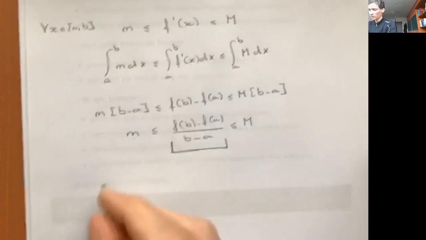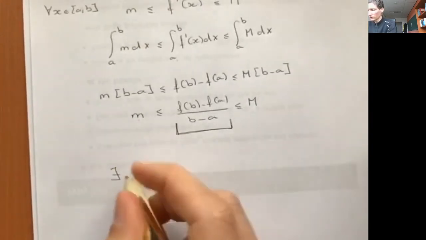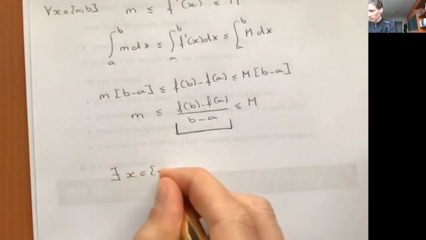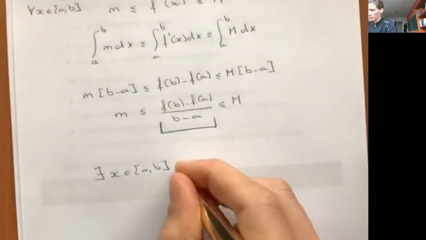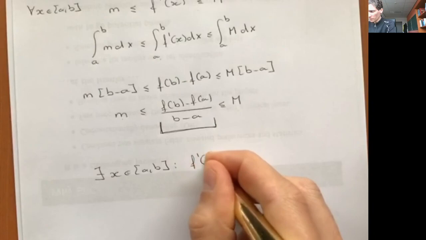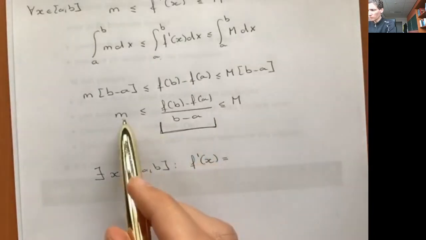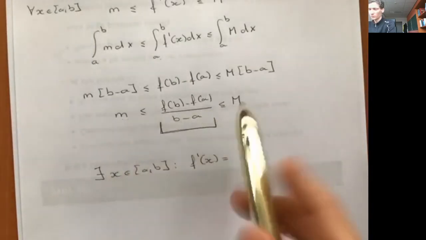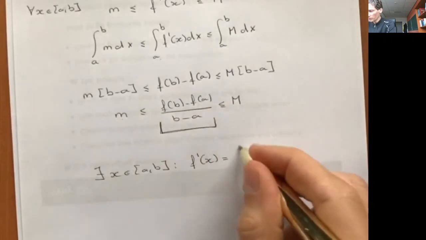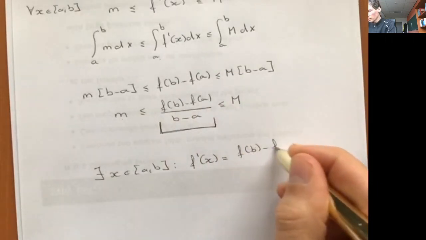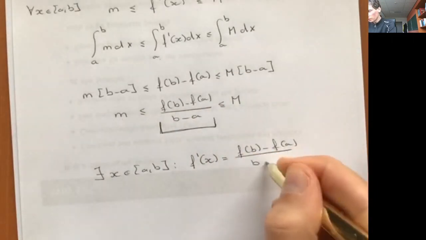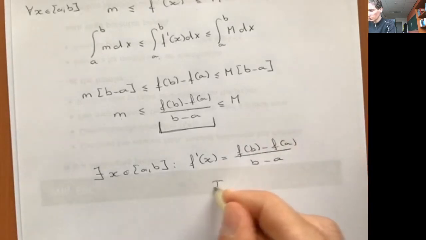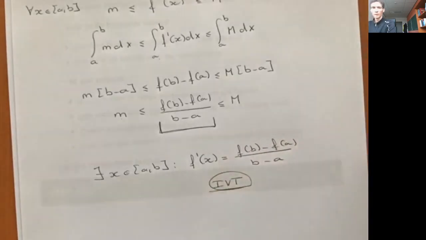So in particular we know that there exists some number x in the interval (a,b) such that f'(x) is equal to the number between these two values, which is (f(b) minus f(a)) over (b minus a). So this follows from the intermediate value theorem.